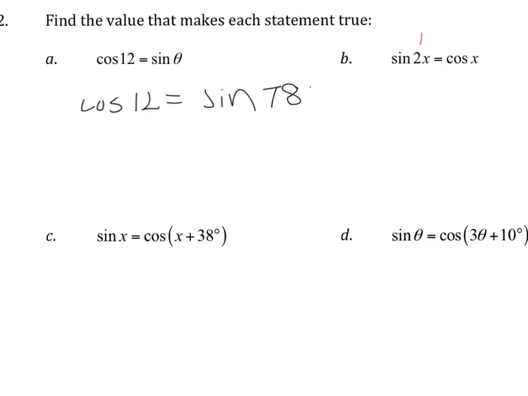So for B, we know that the sum of the two angles has to be equal to 90 degrees. So I'm going to solve for x. Get 3x is equal to 90, divide out the 3, and get x is equal to 30. So if I put this back in, sine of double 30 is going to give me 60.